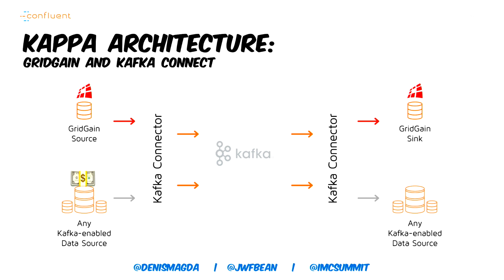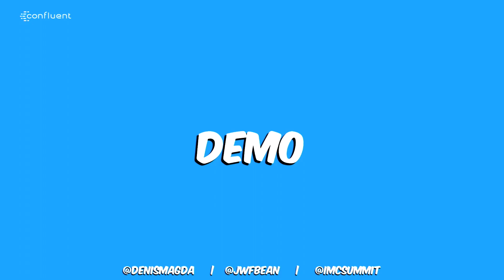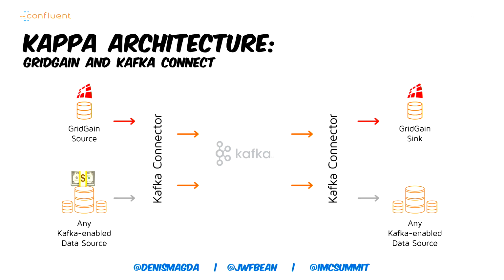For this demo, you see this pack of dollars. We are going to start a Kafka source, a simple application that will read data from one service, and that service emulates stock market trading.